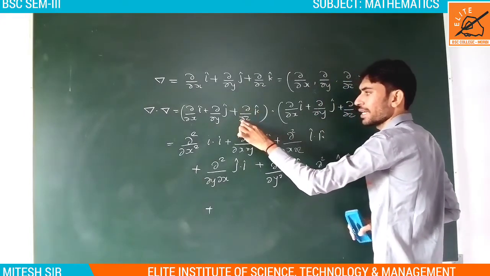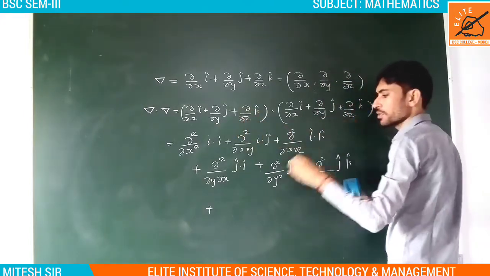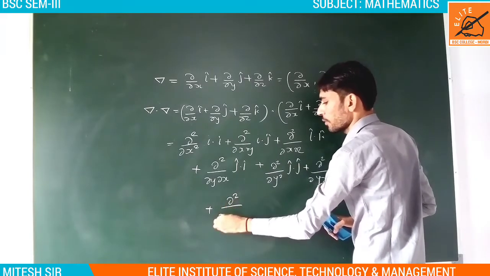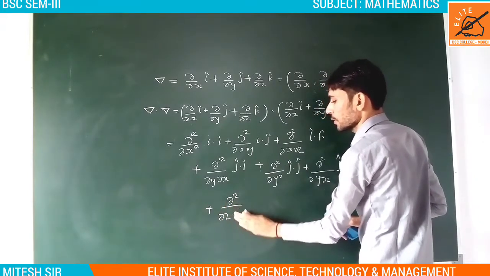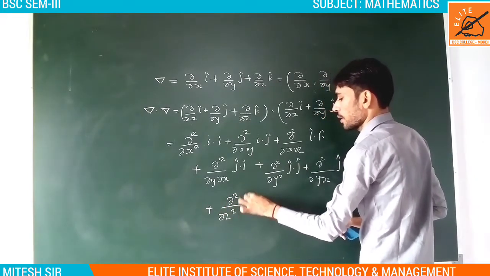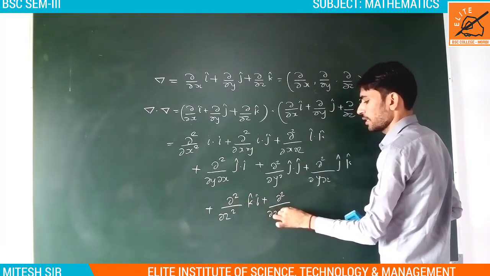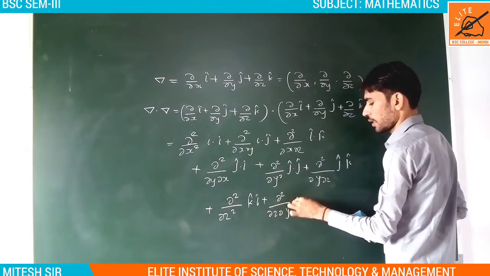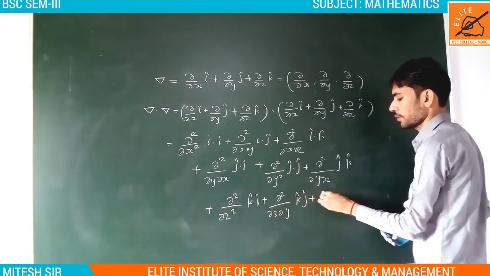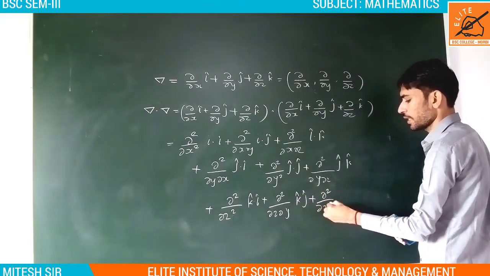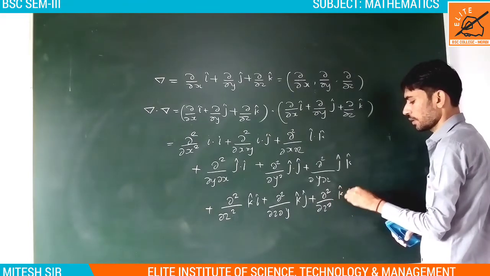Similarly del by del z into k cap multiplies with all terms. That means del square upon del z del x k dot i plus del square upon del z del y k dot j plus del square upon del z square into k dot k.